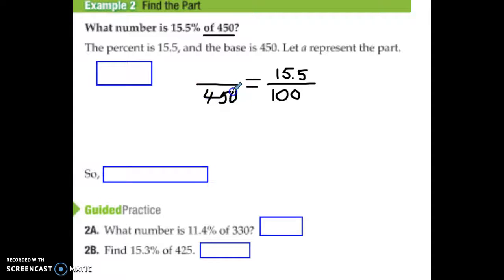And my is, the only place left is to put your variable. They want A. I'm still going to put X. Doesn't matter. And then you're going to cross multiply and divide. 450 times 15 and a half equals 100x, and then you divide by 100. So I'm going to multiply these two together.